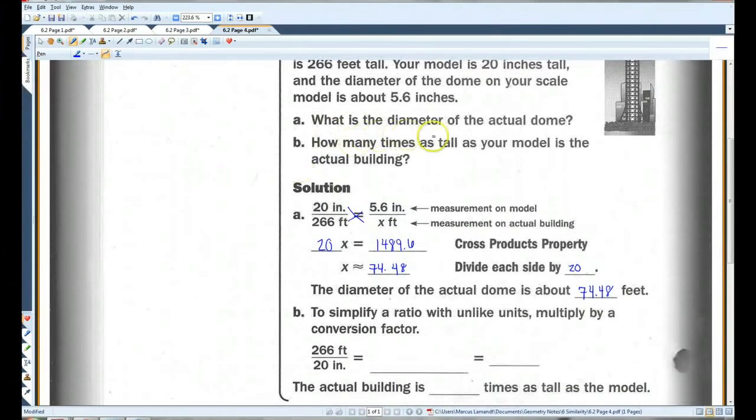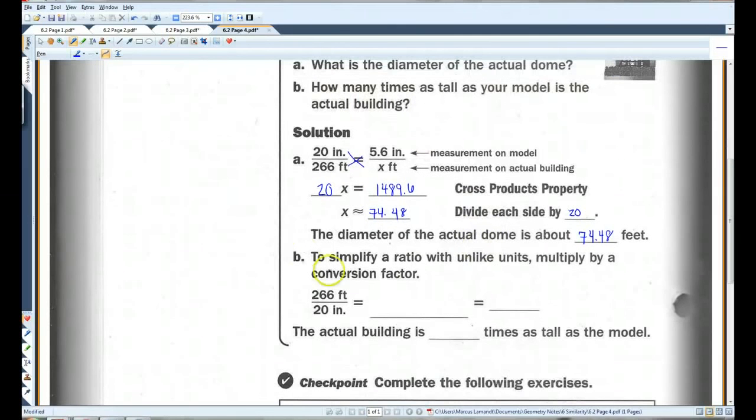Now, how many times as tall as your model is the actual building? So, to simplify a ratio with unlike units, you need to multiply by a conversion factor. We know that the ratio is 266 feet over 20 inches. Okay, I'm going to rewrite that. And hopefully you know that there are 12 inches in 1 foot. I'm doing this so that the units all cancel out.